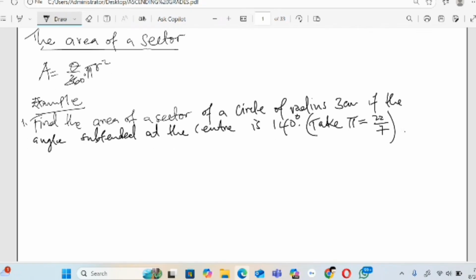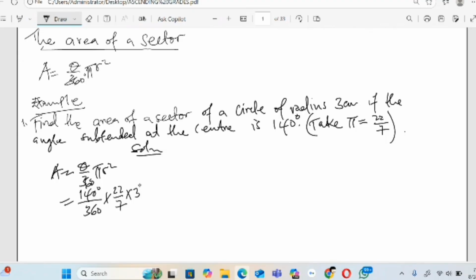The solution for this: the area is given by theta over 360 degrees times pi r squared. So we substitute theta is 140 degrees divided by 360 times 22 over 7 times our radius of 3, so it's 3 squared.